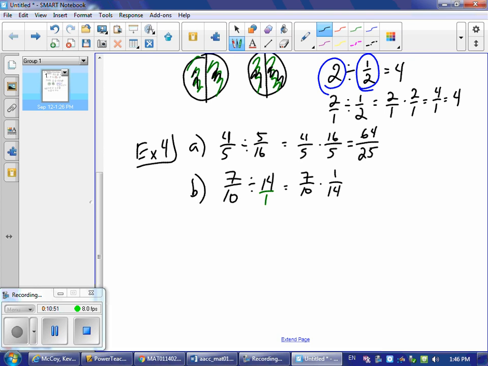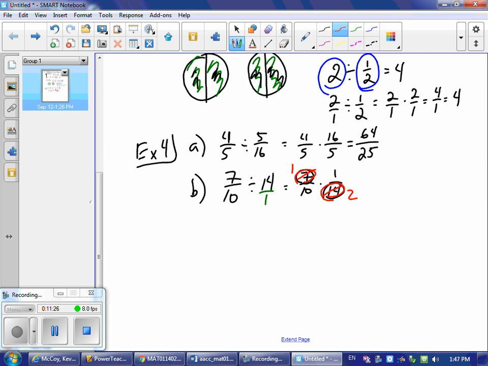So, in this case, what I see is that I have a 7 there, and a 14 there. I know that 7 divided by 14 is 1/2 because 7 goes into itself 1 time. 7 goes into 14 2 times.